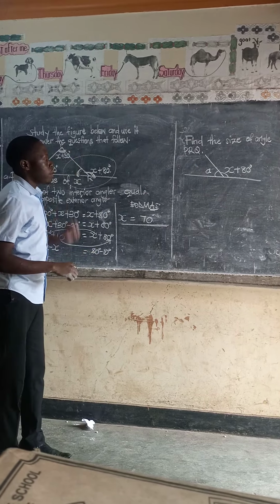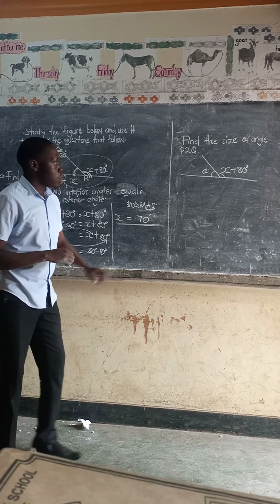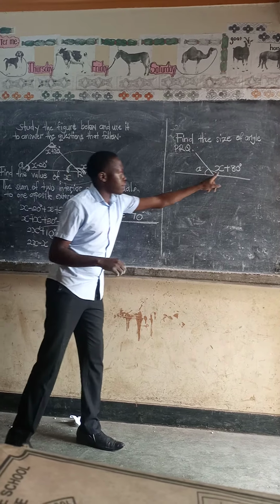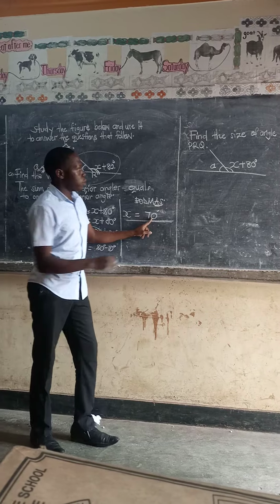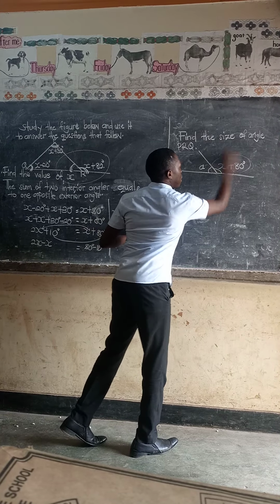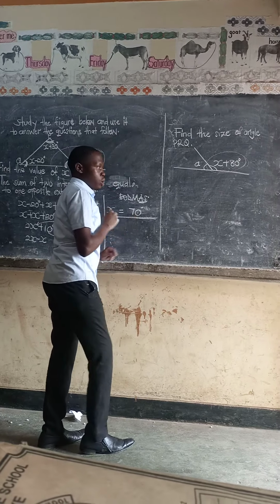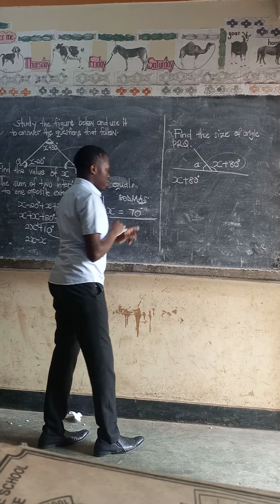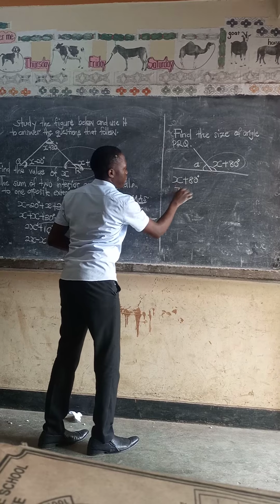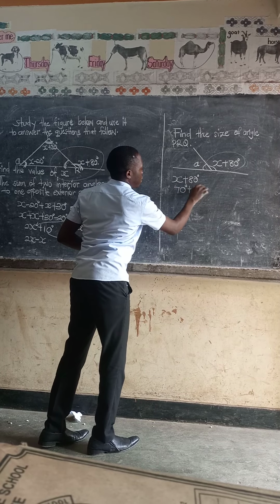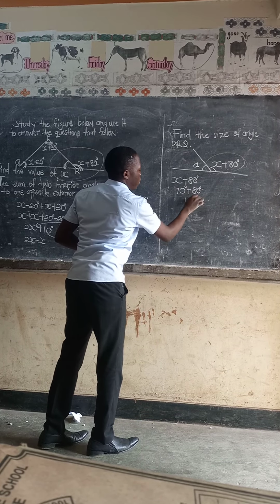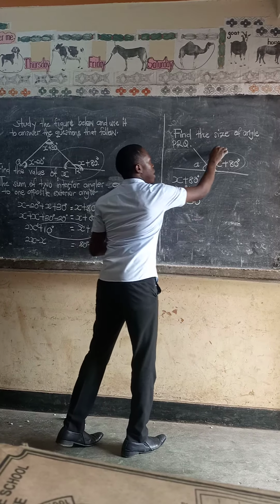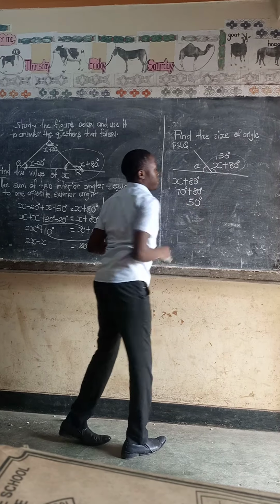As you can observe, according to our diagram, we already know the value of x here as 70. So we can first get that angle. We shall say x plus 80 degrees. Then we substitute this 70. This is 70 degrees plus 80 degrees, giving us 150 degrees. So this angle is 150 degrees.